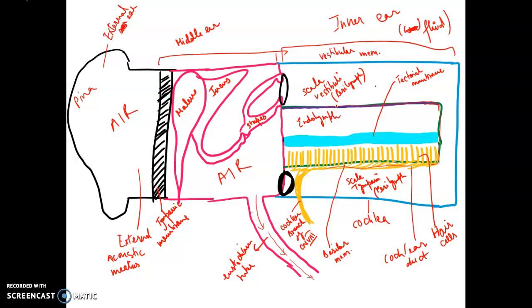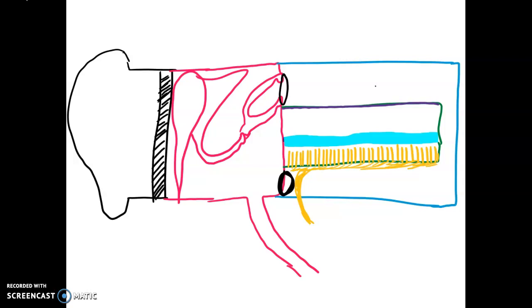Okay, so let's label everything on another picture one more time. Looking at the cochlear part, this space is scala vestibuli, filled with perilymph.